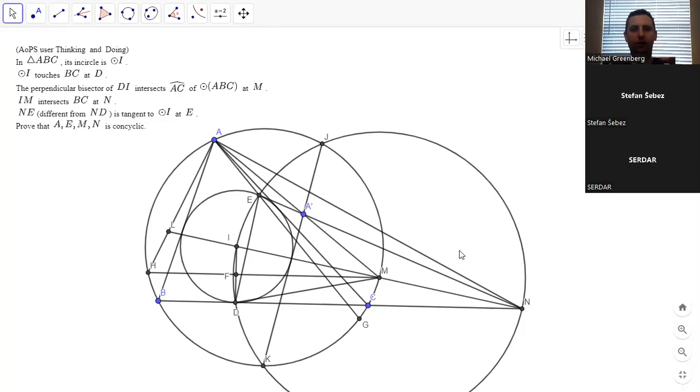There's some way we can use the angle bisector theorem. So AGM is similar to HLM. We want to show that.